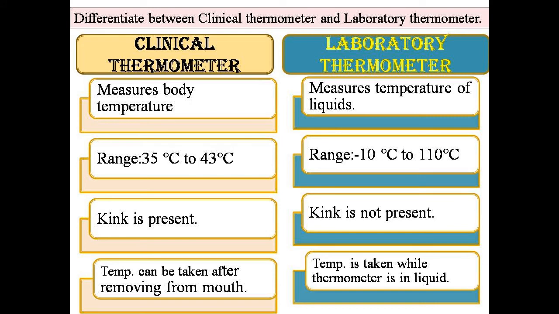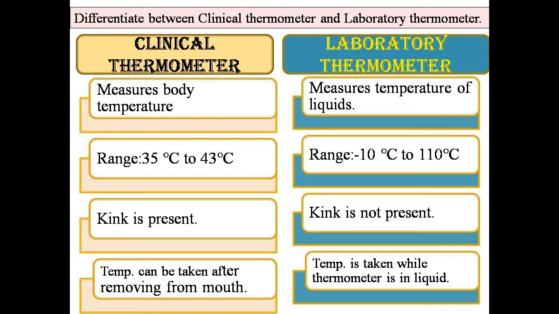Now let's see how the clinical thermometer is different from a laboratory thermometer. Clinical thermometer is used to measure body temperature, while laboratory thermometer measures temperature of liquids. So it is used in laboratory. Range of clinical thermometer is from 35 degrees Celsius to 43 degrees Celsius, while in laboratory thermometer it is from minus 10 degrees Celsius to 110 degrees Celsius.